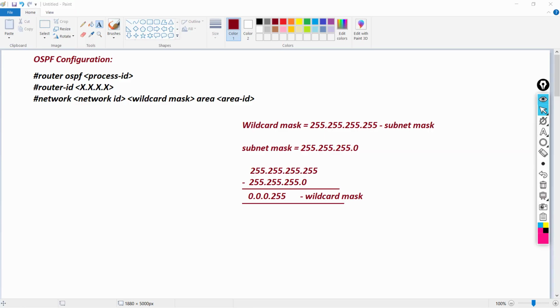Wildcard will be accordingly. That's why in some books, when you study about the wildcard mask, it will say it is the reverse of your subnet mask. So sometimes that creates confusion. That okay, wherever 255 you make 0, and wherever 0 you make 255. This is how they say reverse of subnet mask.